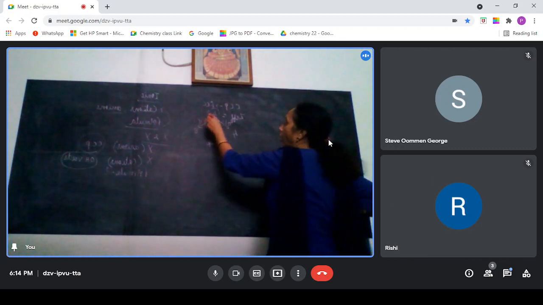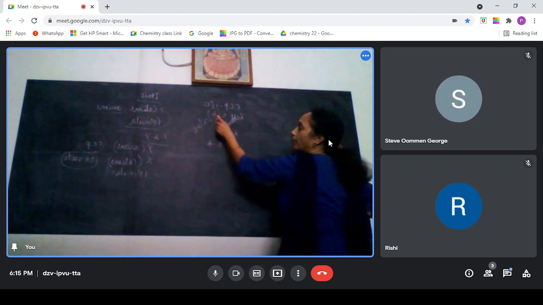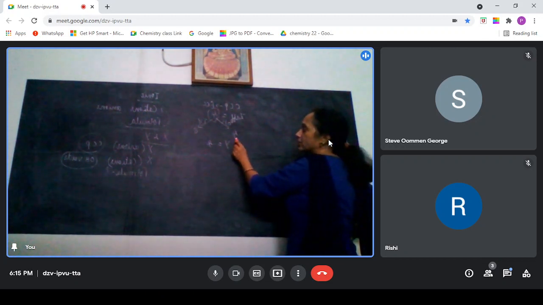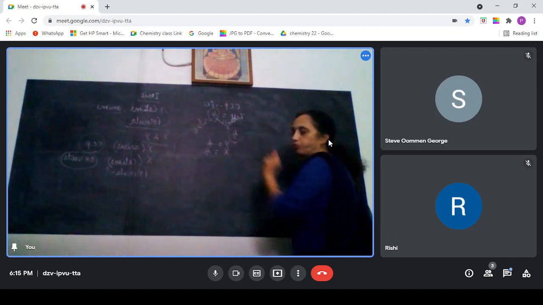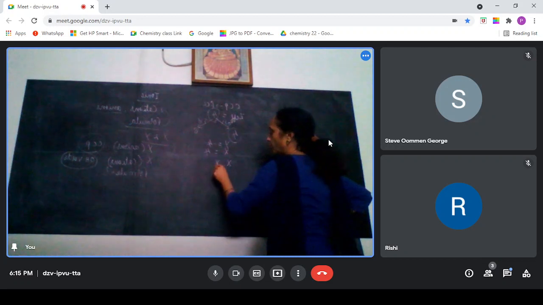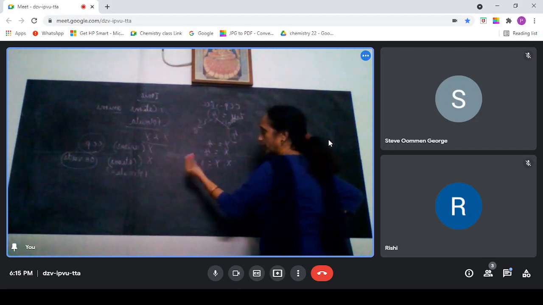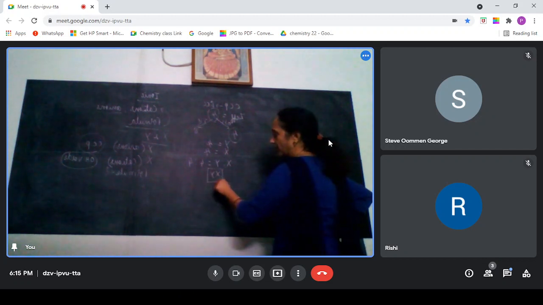Now X ions are occupying octahedral voids. So X is also equal to 4. So X is to Y equal to 4 is to 4, that is 1 is to 1. So the formula of the compound will be XY.